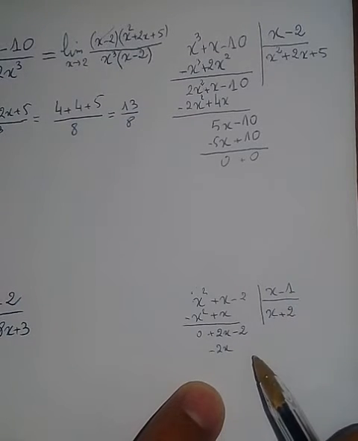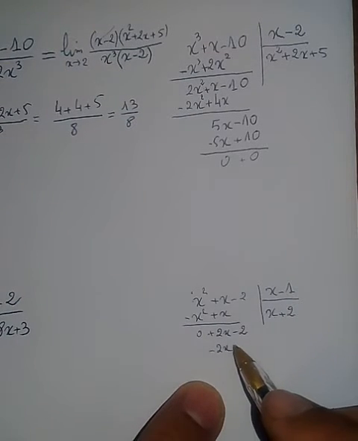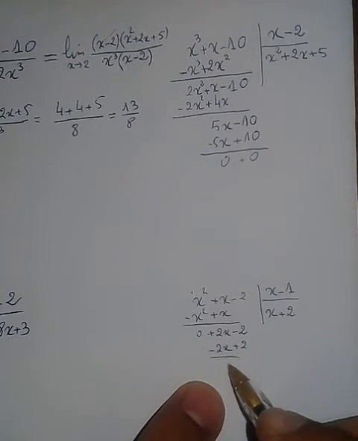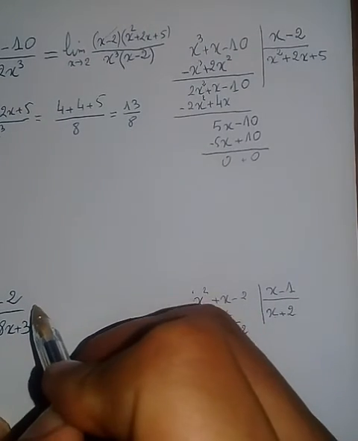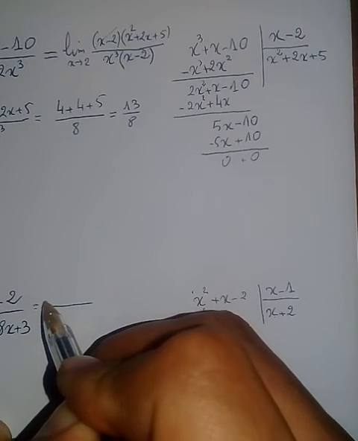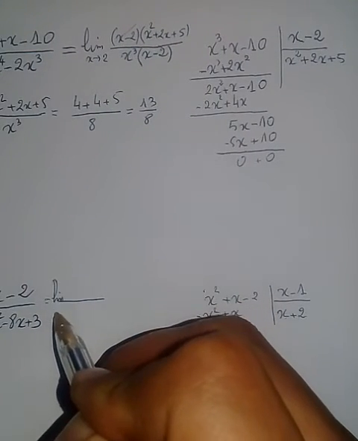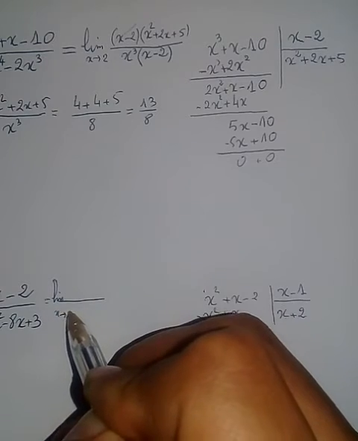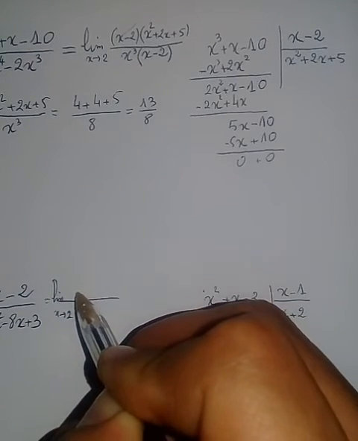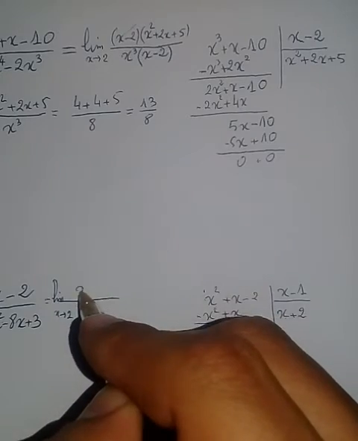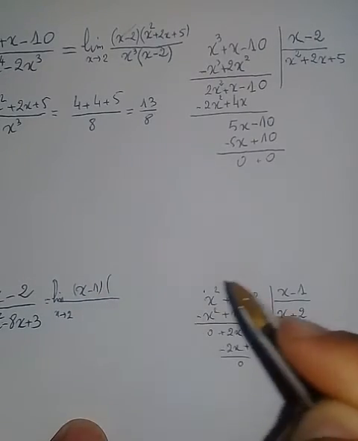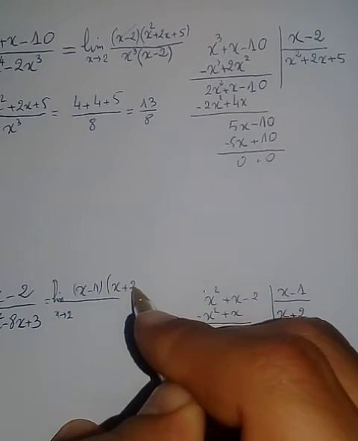And 2 times minus 1 is minus 2, I'm going to write plus 2. That is 0, so it's the limit as x approaches 1 of x minus 1 times x plus 2.